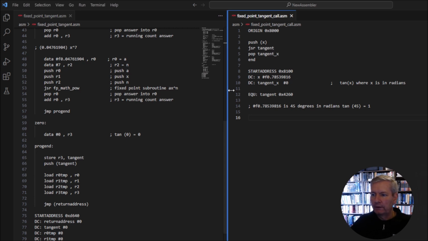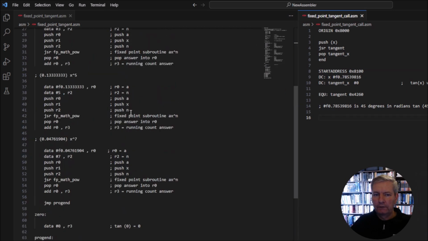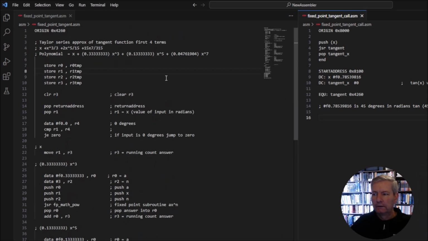So let's have a look at the actual function, and I've made a little note of the Taylor series approximation. This is the Taylor series approximation that we are using, and then I've written it in a simpler form. All I've done is work out 1 upon 3, which is 0.333, and 2 divided by 15, which is 0.1333, and 15 divided by 315, which is this number here.